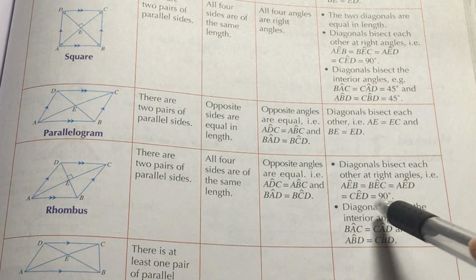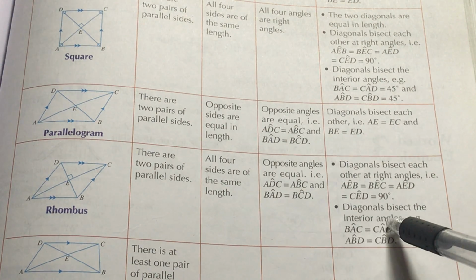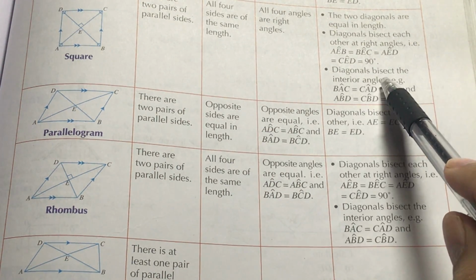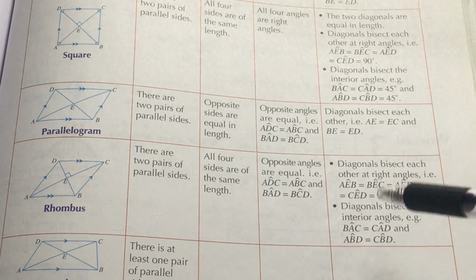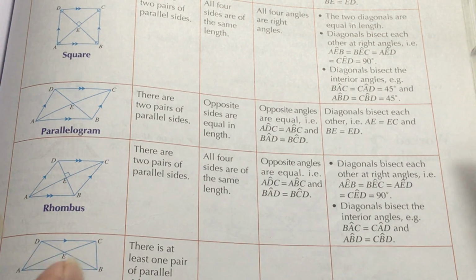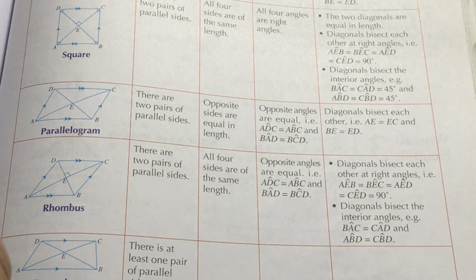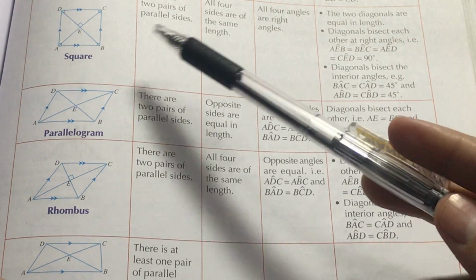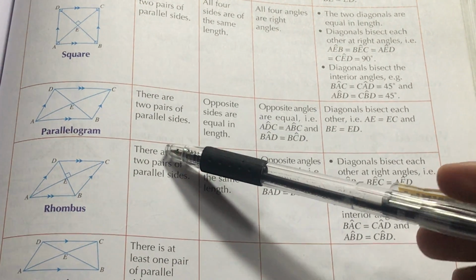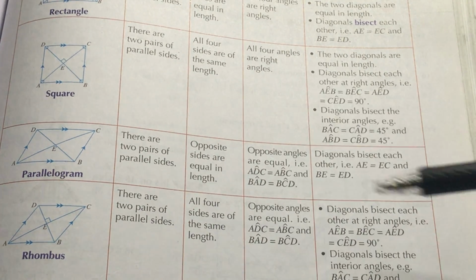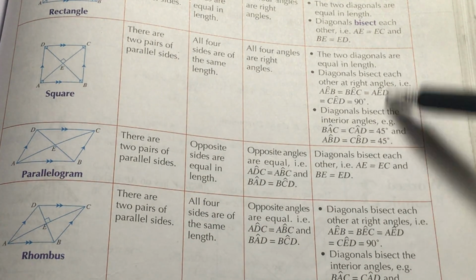And diagonals bisect the interior angles. Same like a square, diagonals bisect the interior angles, which means the diagonal will divide the interior angle into two equal parts, right? So most of the properties are same like a square: two pairs of parallel sides in both, four equal sides in both, and diagonals bisection same in both.